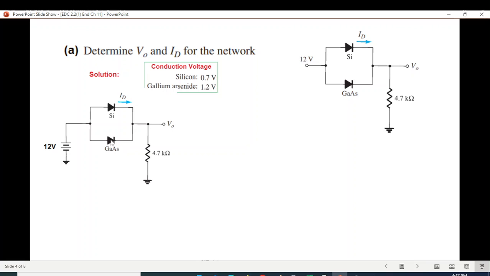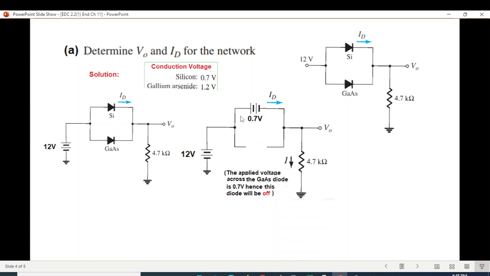Therefore, it will not let this voltage rise more than 0.7. Now, this requires 1.2. So that means this diode will not conduct and it will become open circuit. So the upper one will conduct, represented by 0.7 volt. This will be open circuit.